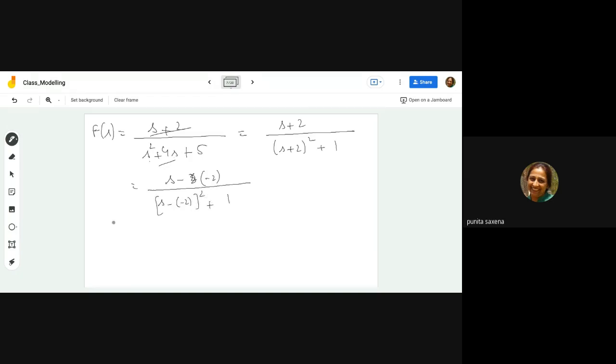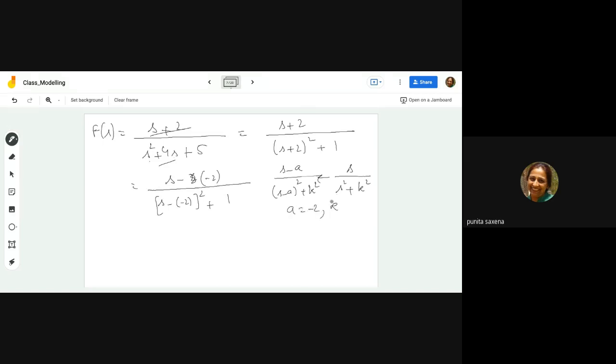Now we have to compare it with s upon s square plus k square, because it's similar and it has been translated to (s minus a) upon (s minus a) square plus k square. So what is your a?